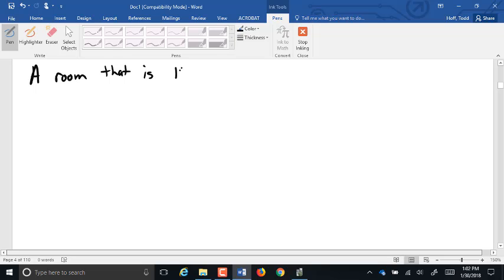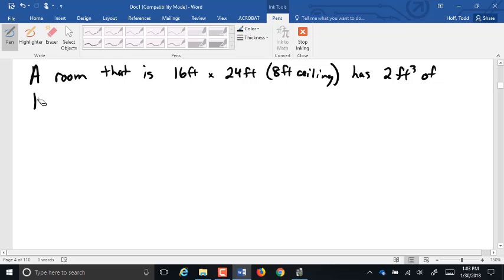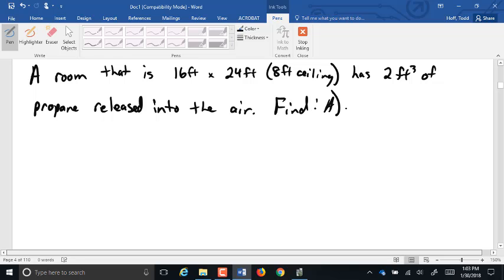That is 16 feet by 24 feet with an 8-foot ceiling, has 2 cubic feet of propane released into it. Find parts per million and percent.